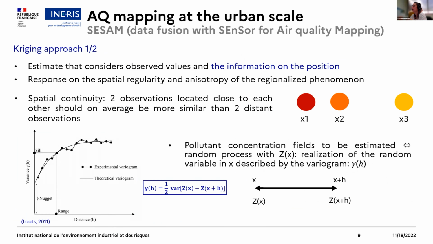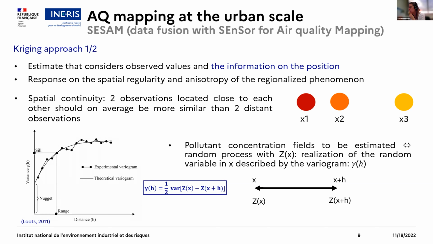So here you can see the example of the X1 observation that will be more similar to X2 than to X3. And in our case, the pollutant concentration field that we want to estimate is a random process, with a realization Z(x) of the random variable at x.